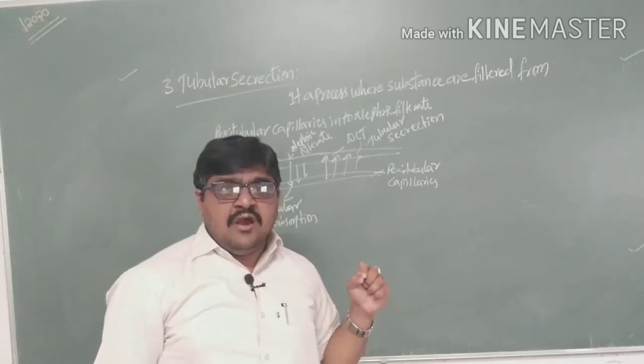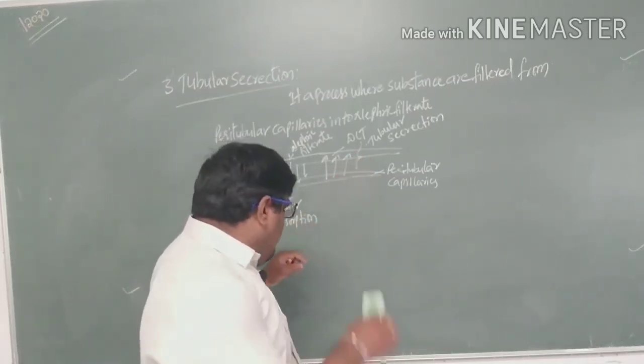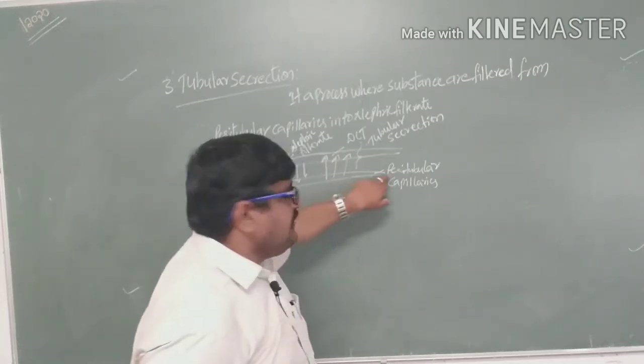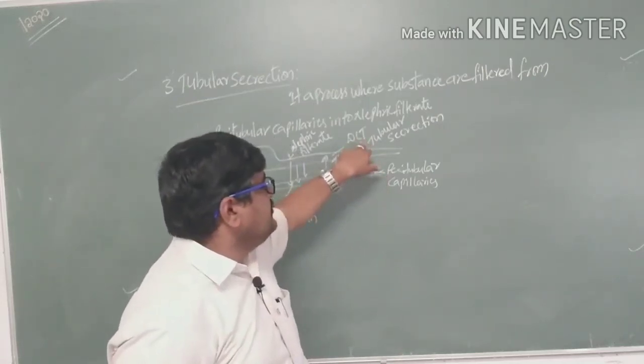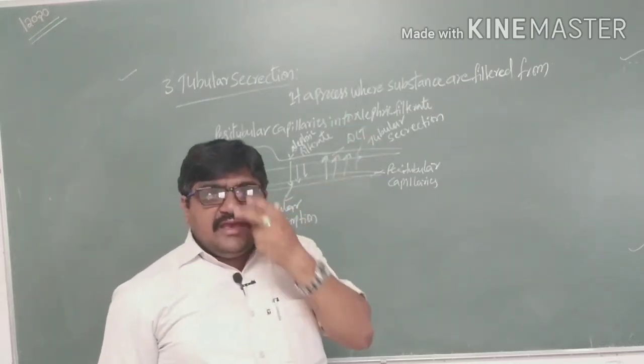Here all non-essential substances are filtered from peritubular capillaries into the distal convoluted tubule.